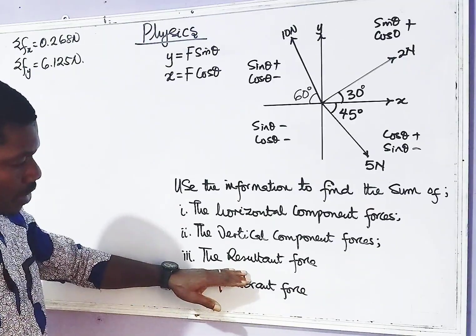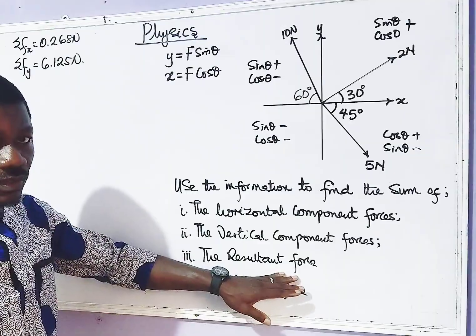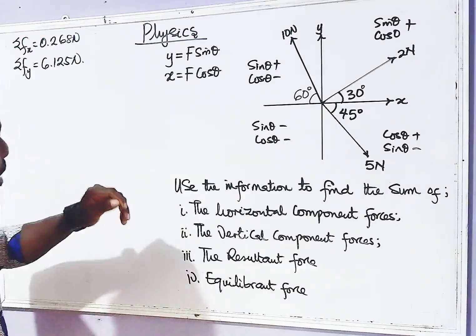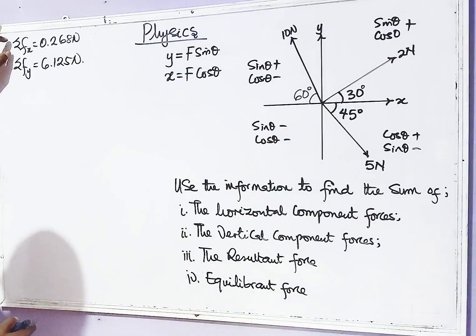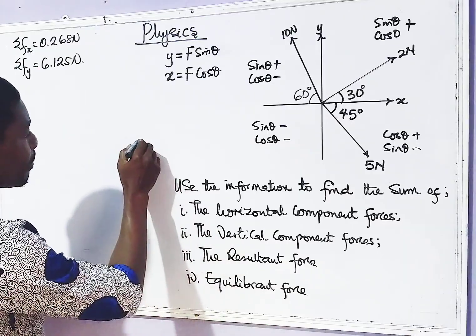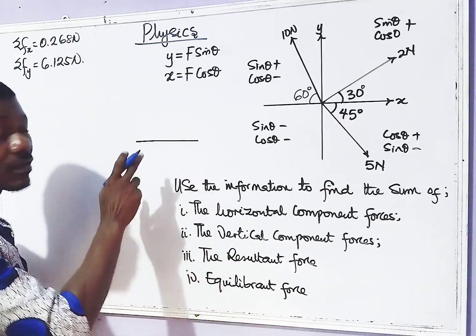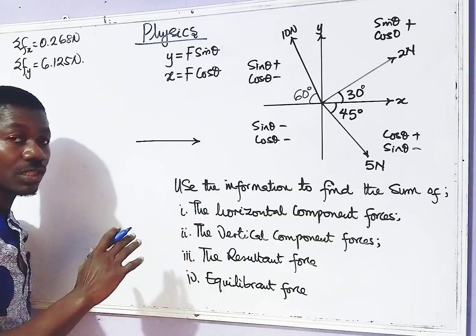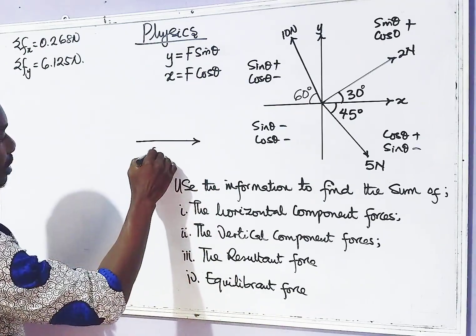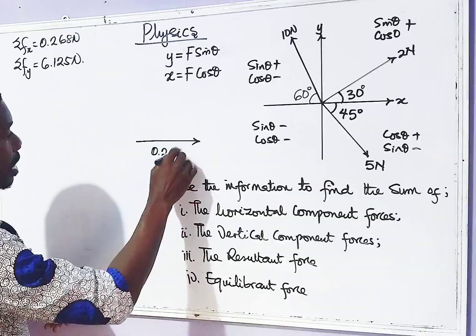Now, for us to calculate the resultant force, there are things we need to take into consideration. First of all, the sum of the horizontal component forces is this, and the sum of all the vertical component forces is this. Now, the whole of the horizontal force is 0.268.